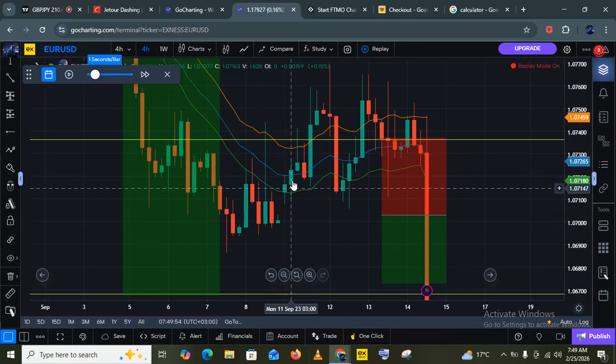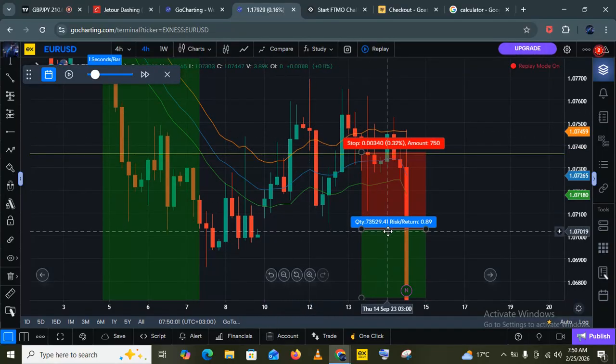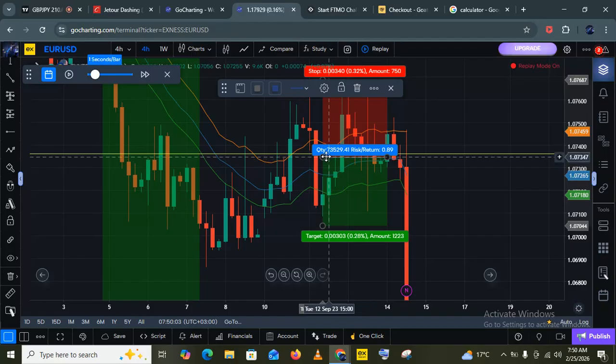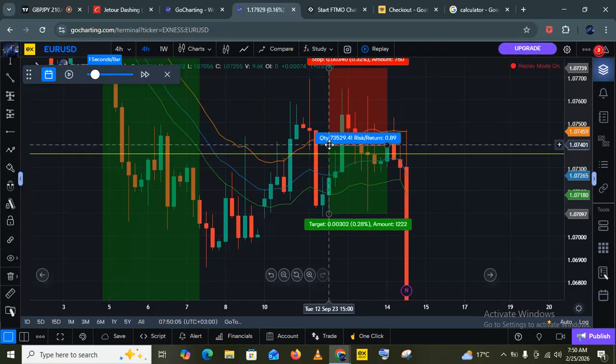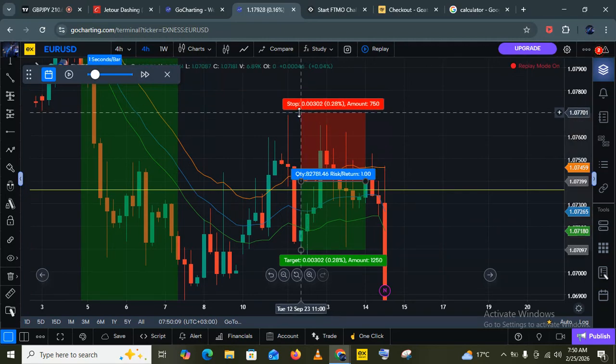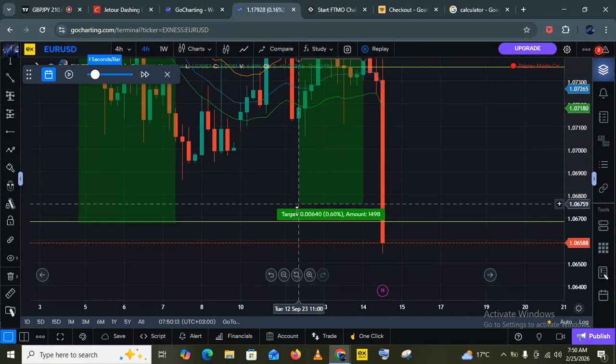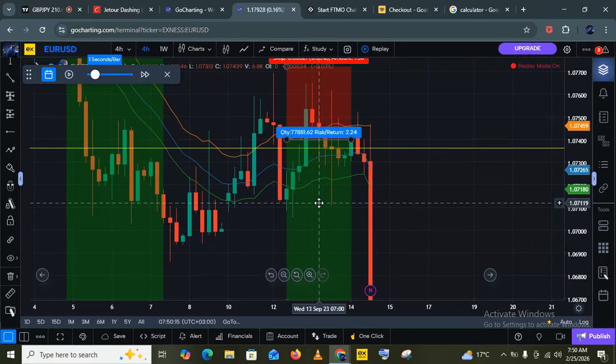Another one could have been this one right here. This is a nice entry with your entry around this area somewhere here, if the market actually came back to take you in, and your stop loss would be above there. And let's see how your TP could have been hit. Yeah, it could have been hit.